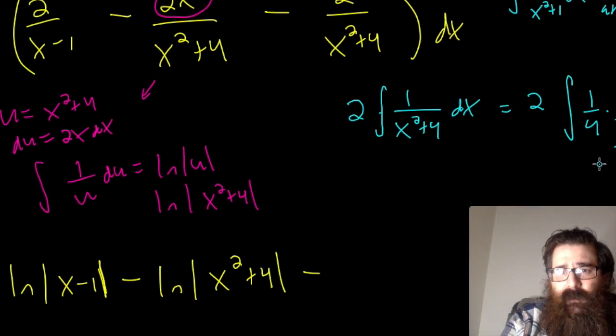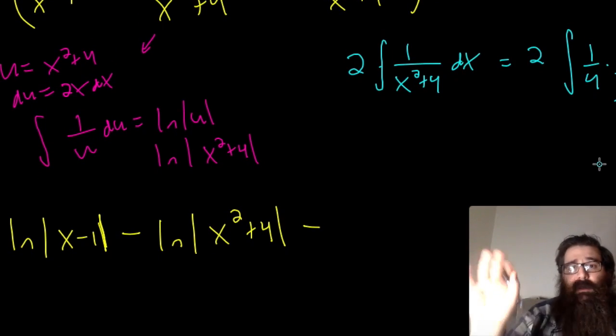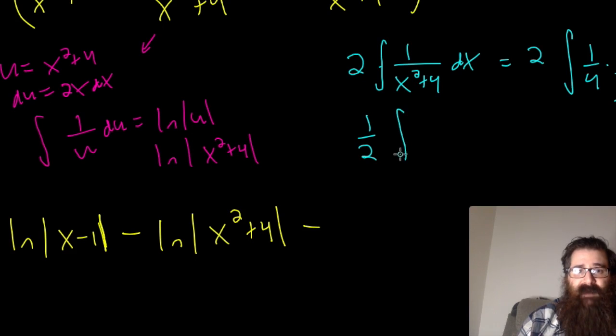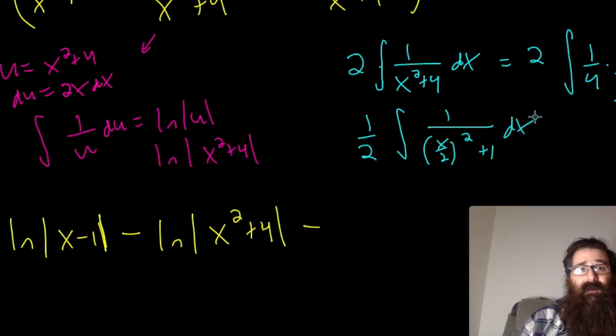So it's just kind of a funny way to write this algebraically, but I can go a bit further with this. If I want, I can bring that 1/4 out. 2 over 4 gives me 1/2. And I have the antiderivative of 1 over x squared divided by 4. I can actually write that as x over 2 quantity squared plus 1 dx.